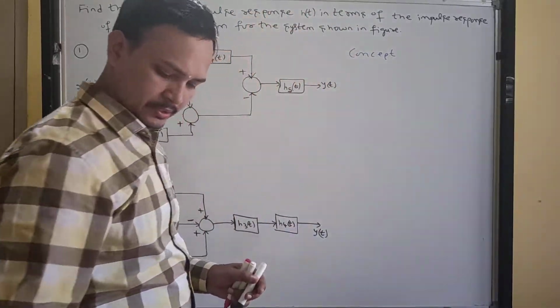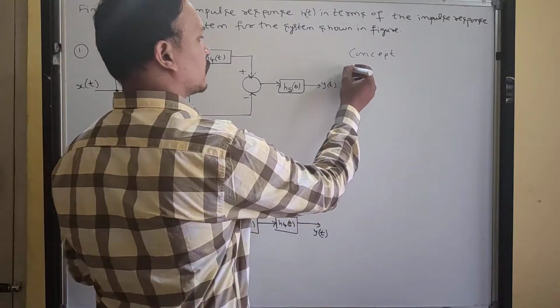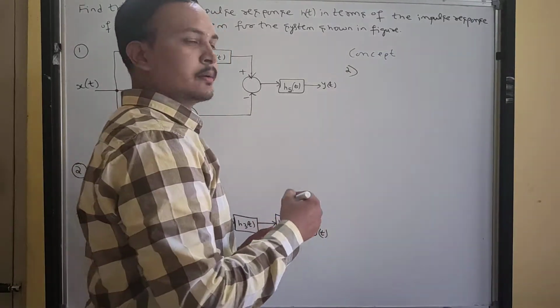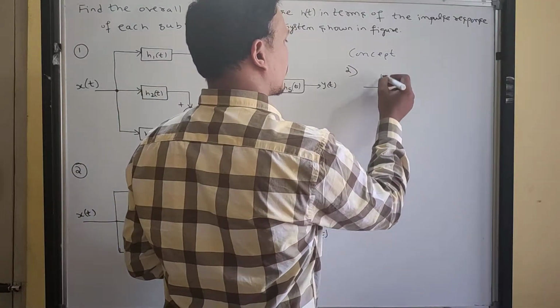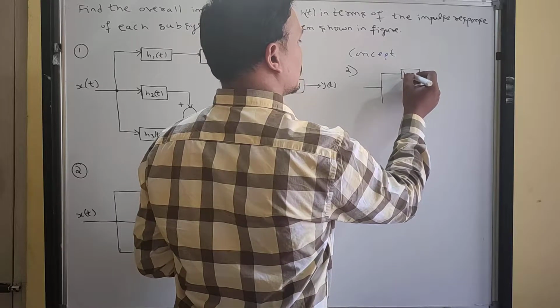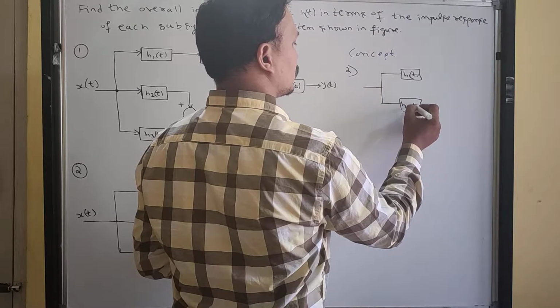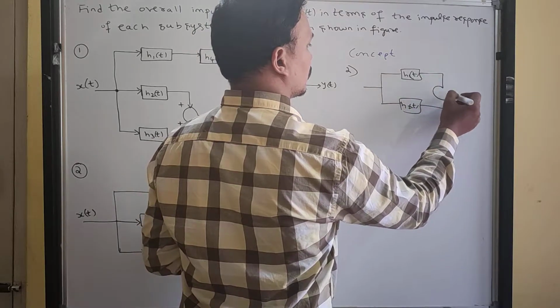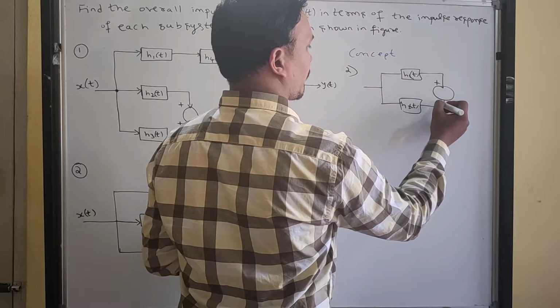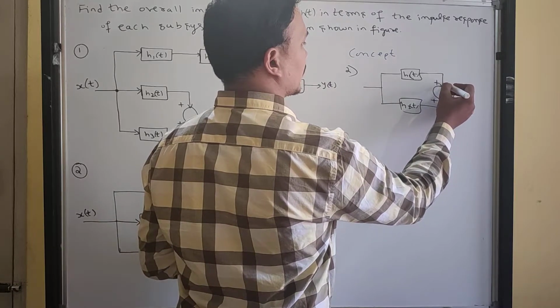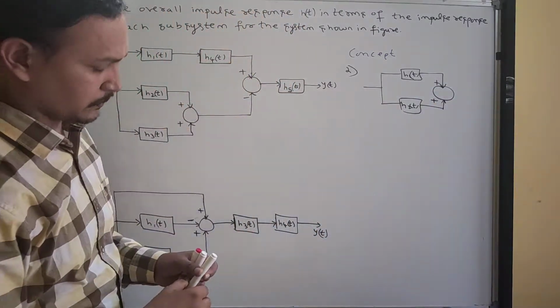So next, concept number 2. Now they are connected in parallel. If they are connected in parallel like this, h1 of t and then h2 of t, one end is connected to plus, the other end is also connected to plus.